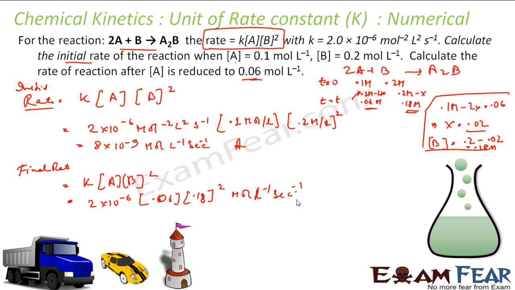Correct? Now if you put all the values and solve this, what you get is 3.89 into 10 to the power minus 9 moles per liter per second, and that will be the answer.